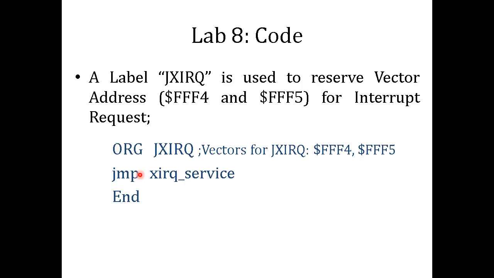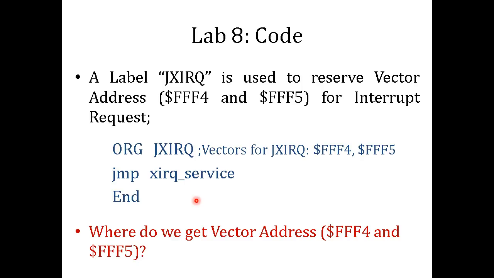This is exactly the interrupt service request. Remember, in those 2 bytes, what do we write? We just write 1 single jump instruction, right? And this is our jump instruction, jump XIRQ service. So we still have not written the subroutine. We are just calling the subroutine from there, and we are done. But the real subroutine will be located in a different place.